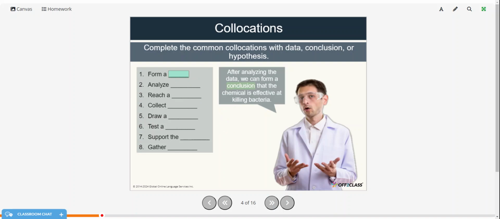So, you can form a hypothesis or a conclusion. You can analyze data.